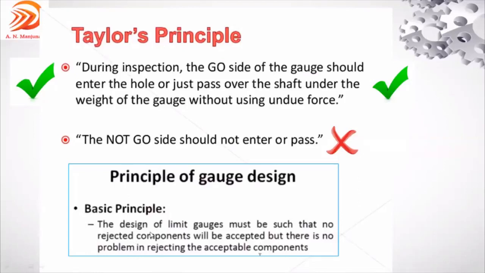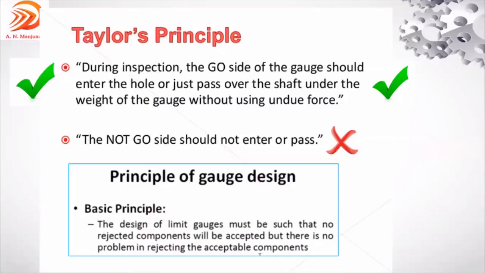There are two blunders, we can call them blunders, in the organization. While selecting the component during the inspection, two things can happen. The first condition is that you accept the defective product. The second one is rejecting the good component. The first one is you accept the component even though it is defective.